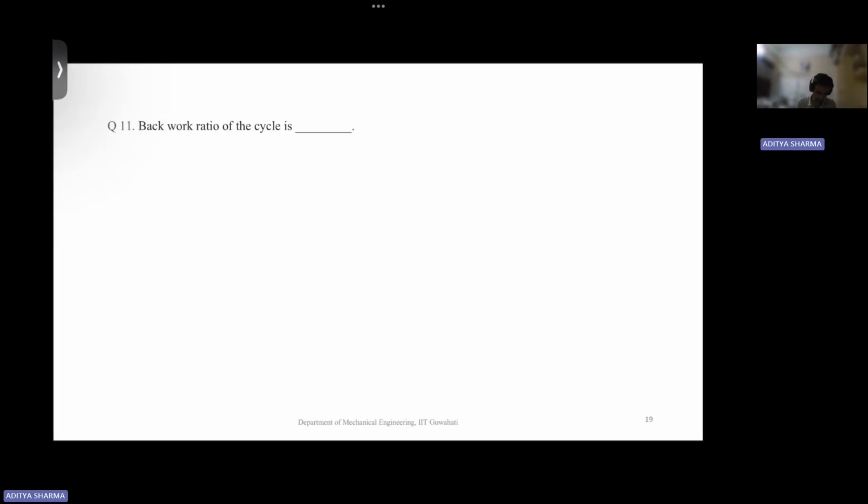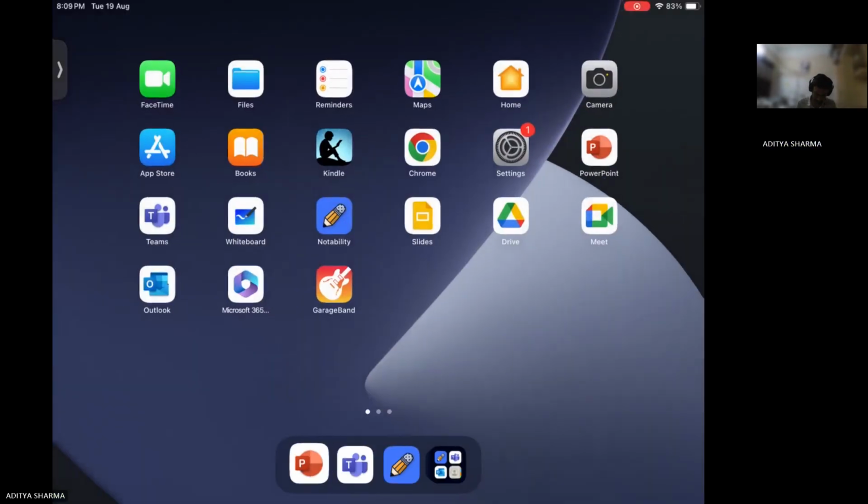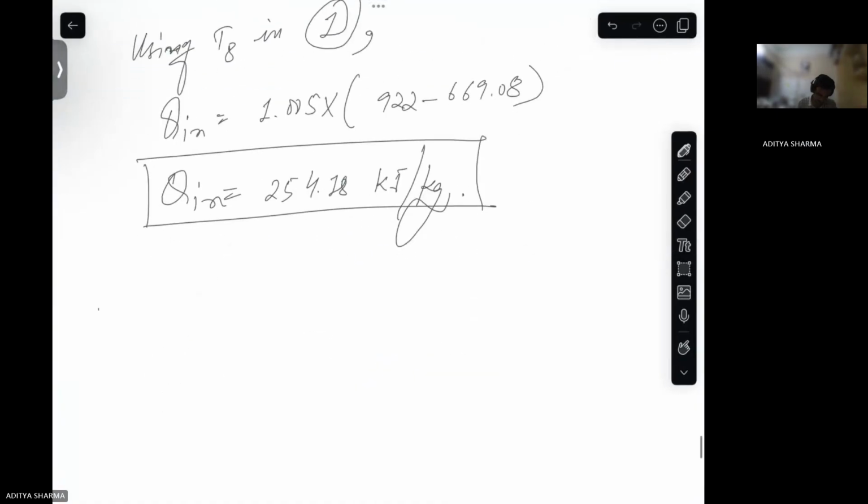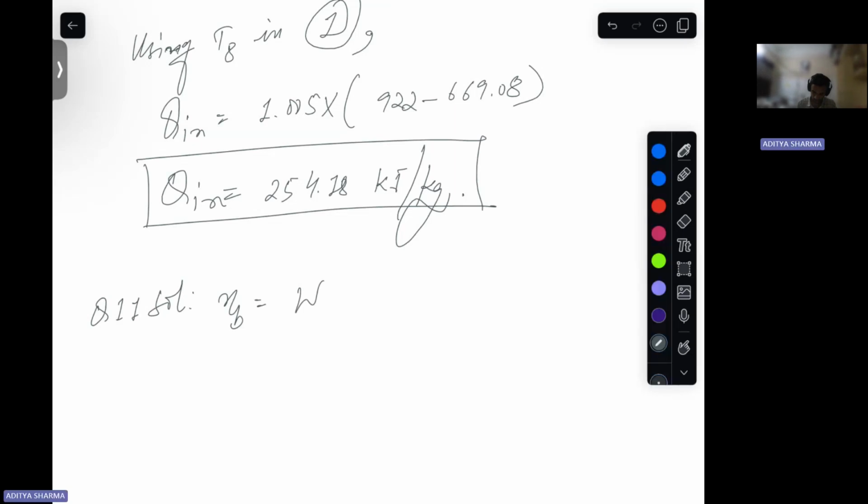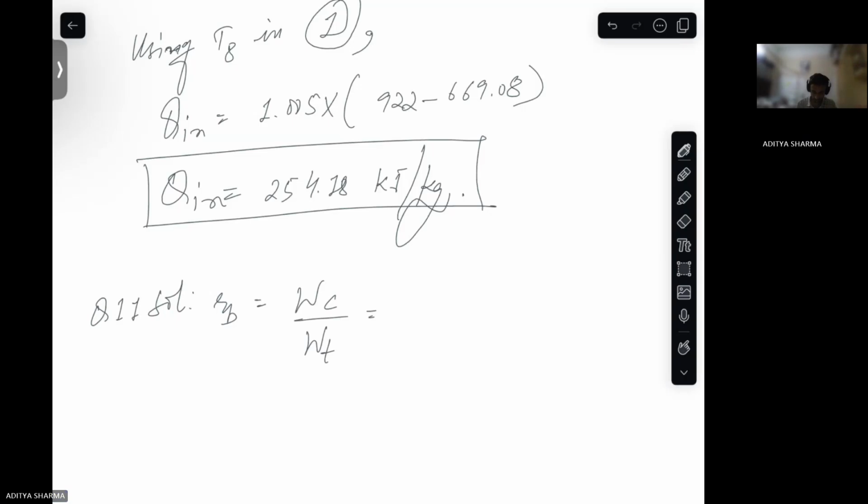Then question number 11, back work ratio. Back work ratio is denoted by RB, if I'm not wrong, WC by WT.